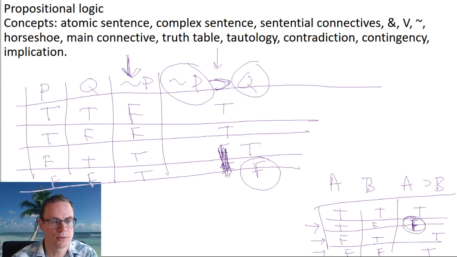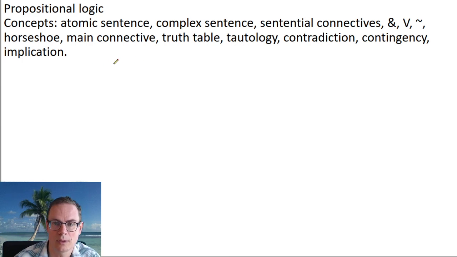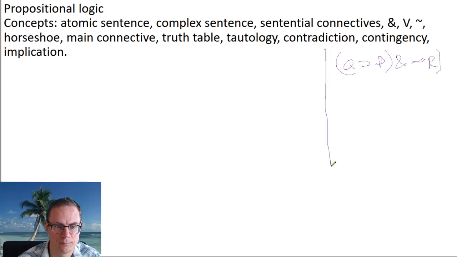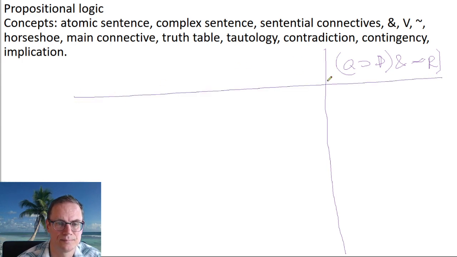Now we can also make truth tables for more complicated sentences. For instance, if I say, let's say, Q horseshoe P and not R. Well, that is 3 letters.